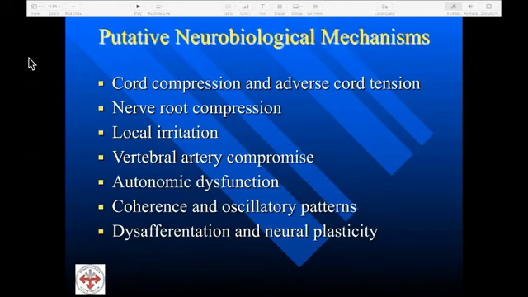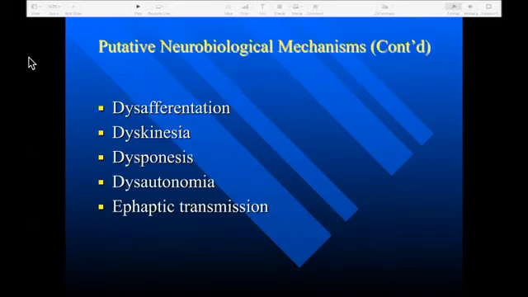Some of the neurobiological mechanisms that have been described in association with vertebral subluxation include cord compression and adverse cord tension, nerve root compression, local irritation, vertebral artery compromise, autonomic dysfunction, coherence and oscillatory patterns, disafferentation and neuroplasticity, as well as dyskinesia, dysponesis, dysautonomia, and aphaptic transmission.